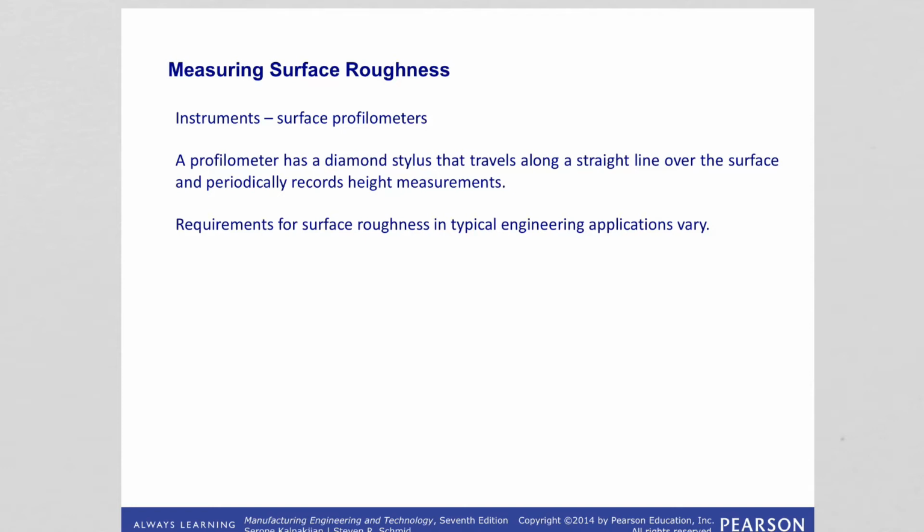This profilometer has a diamond tip that travels along a straight line over a surface and periodically records height measurements. And in general, the surface roughness values required for different engineering applications will be different.